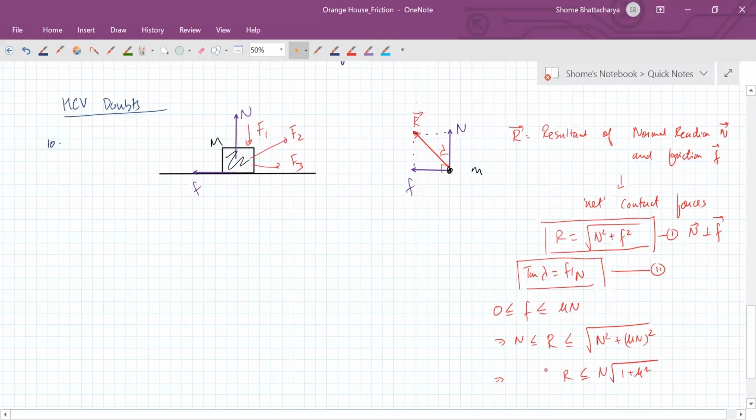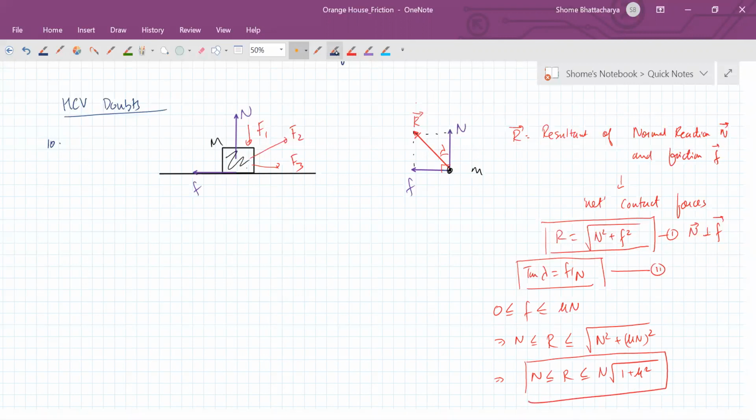So this thing I'm writing has not been asked in the question, but this is the range of values of the reaction force. What has been asked is about tan theta, which you'll get from this. So you can see that tan lambda is less than or equal to mu, greater than or equal to zero.